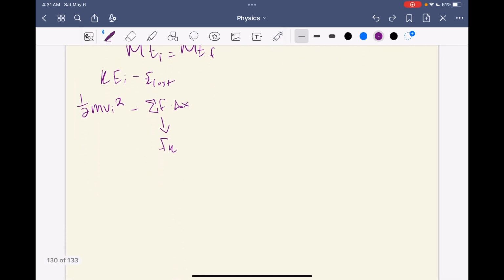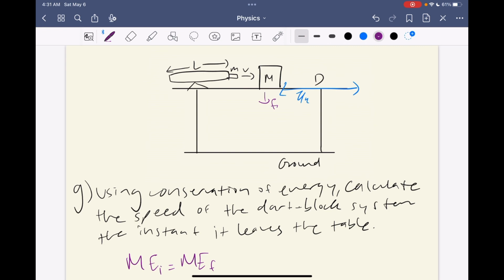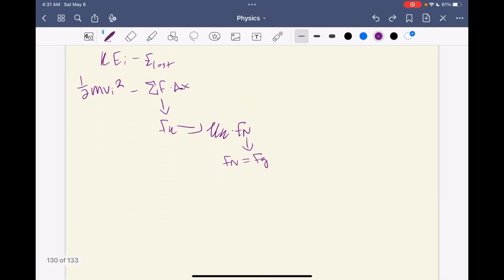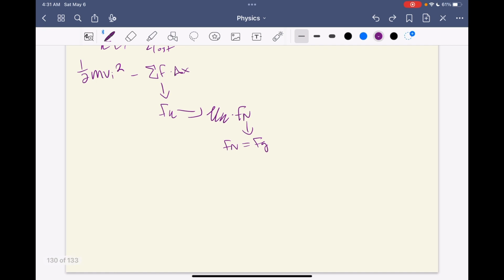And Fk is calculated by mu k times Fn, and Fn is equal to Fg because Fg is the only other force acting on the mass block in the vertical axis. So therefore Fn is equal to Fg. And Fg is always m times g.